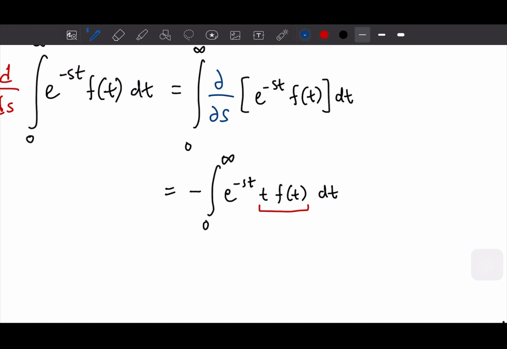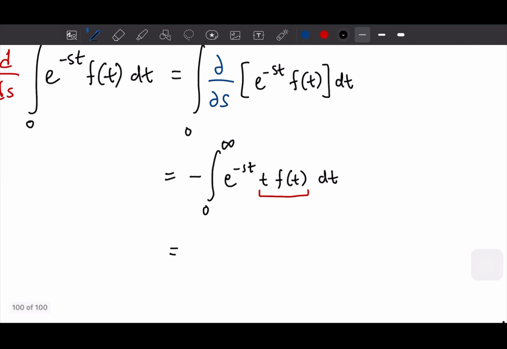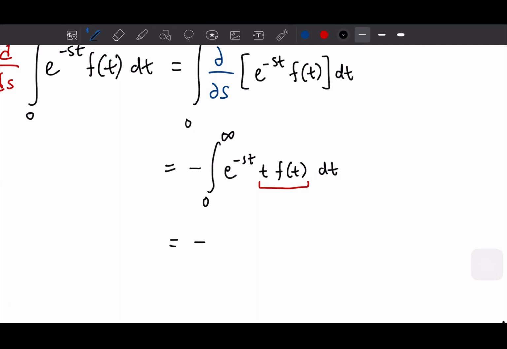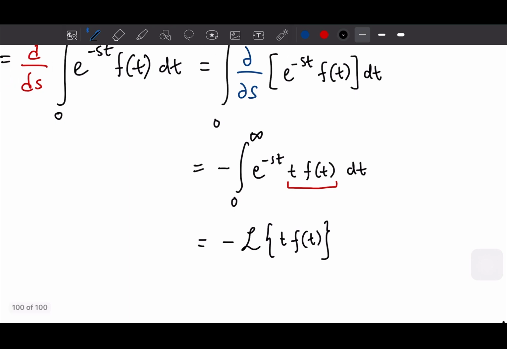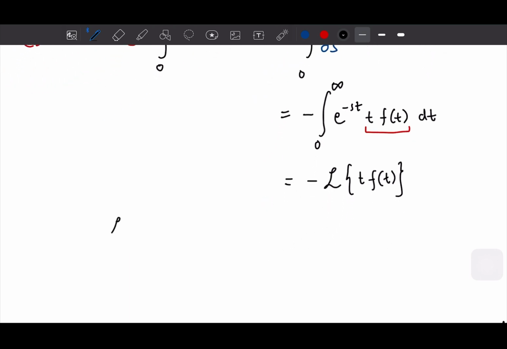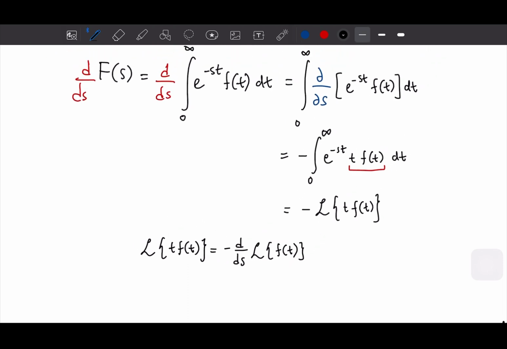So what has happened here is that this is negative the Laplace of t f(t). So the Laplace of t f(t) is going to be negative d/ds of the Laplace of f(t).